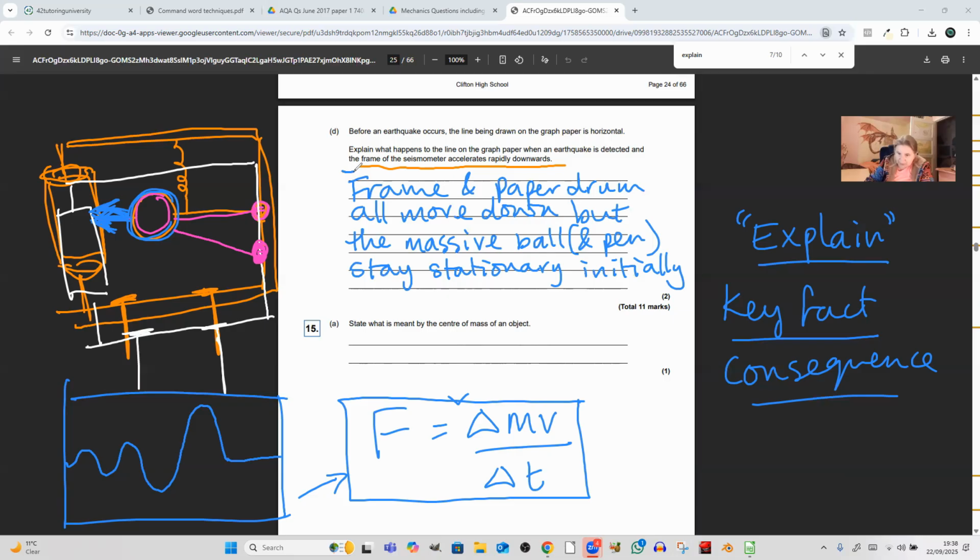Okay, so now can you see that this is my key fact. The frame and the paper move down, but the ball stays stationary. That is the first key fact. Okay, so what's the consequence? What is the effect of this?